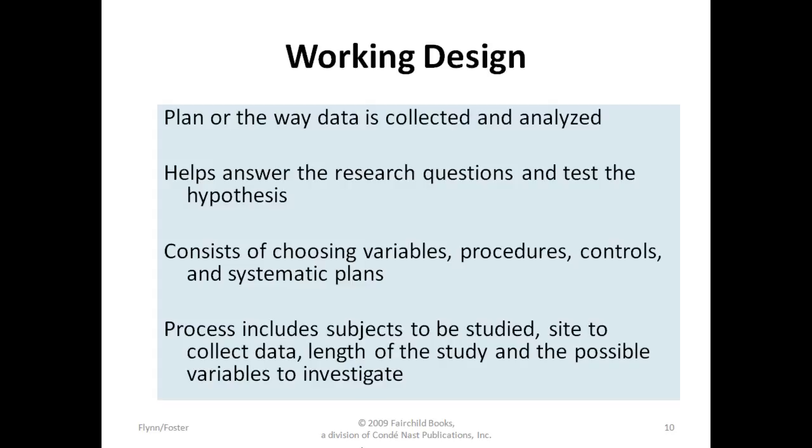With your control group, they do not receive the treatment while the experimental group receives the treatment. So an example with this, say you want to test whether a certain teaching method works or not. You would have one class that you teach a certain lecture and you don't do anything related to the topic for that one.